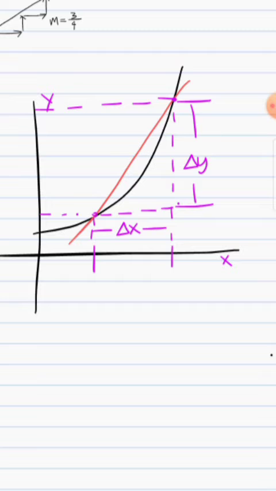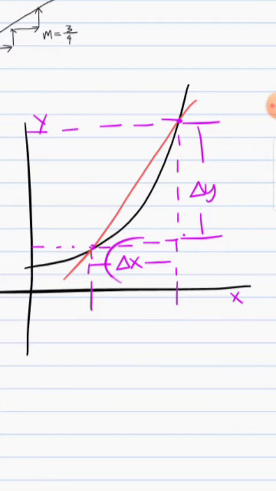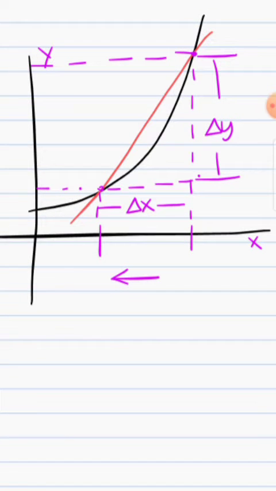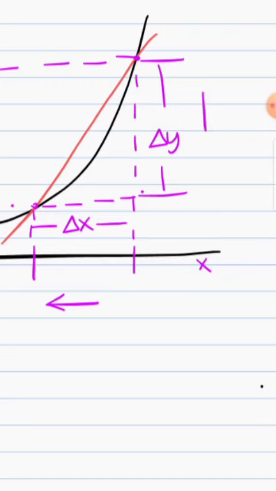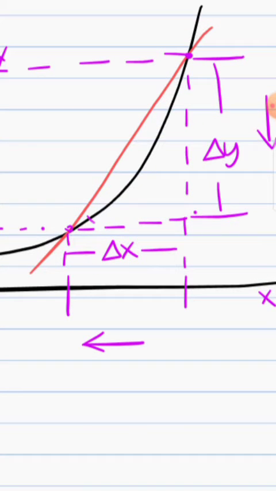Now how are we going to make this a tangent line? By the idea of limits: if we make this delta x really small, then this delta y will also become really small, as if it is very close to this point.